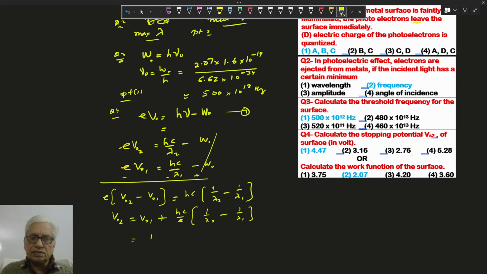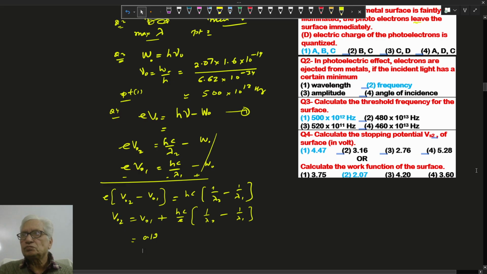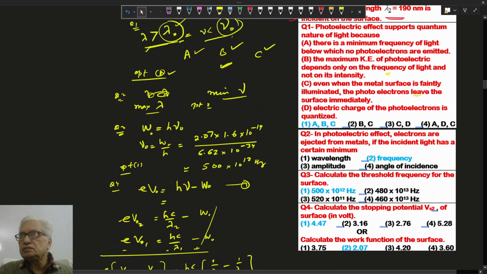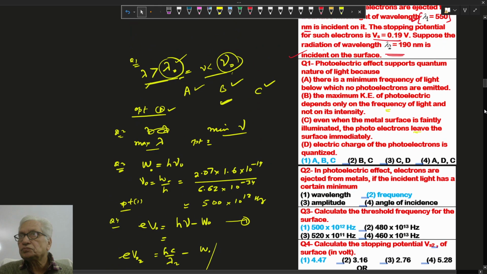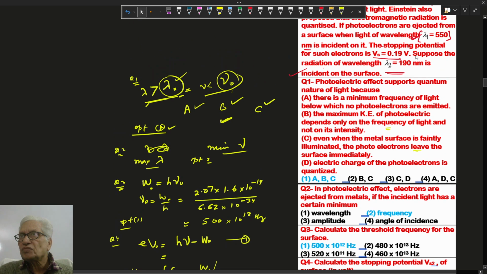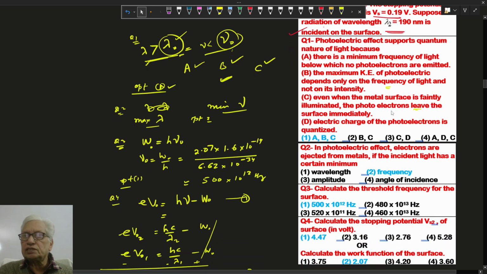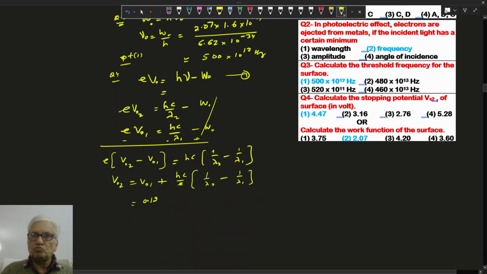V naught 1 is given as 1.19 electron volt, and stopping voltage 0.19.